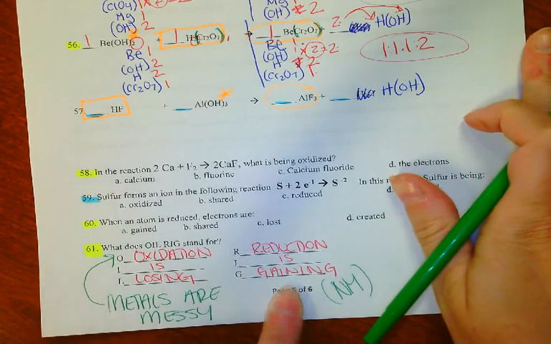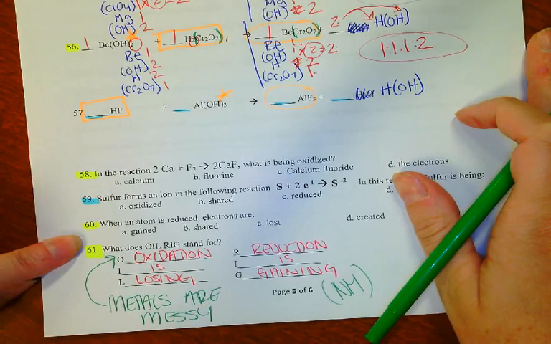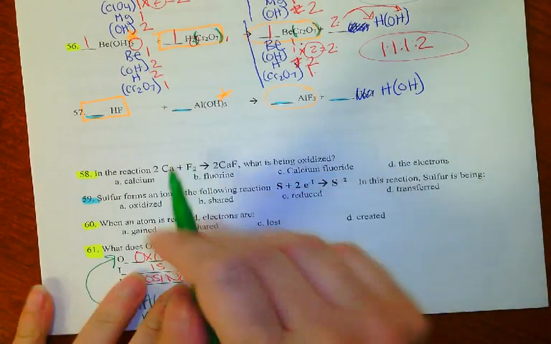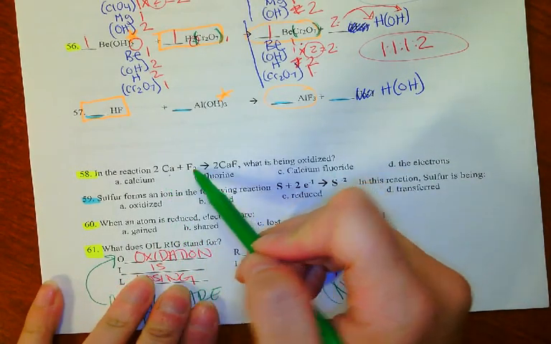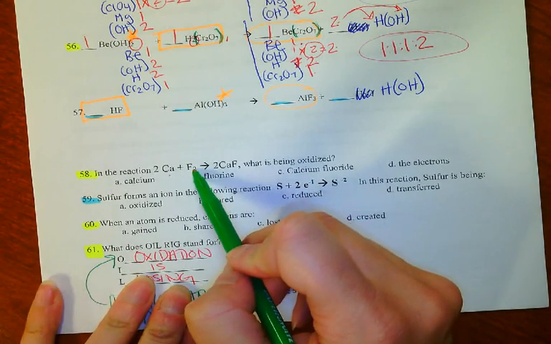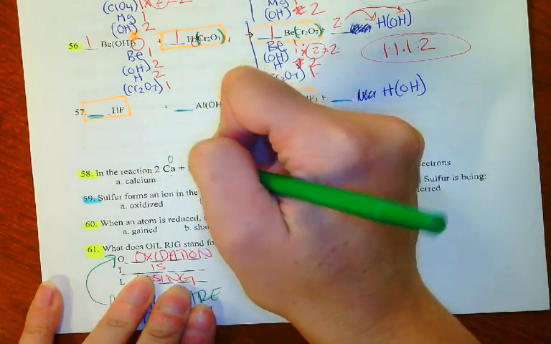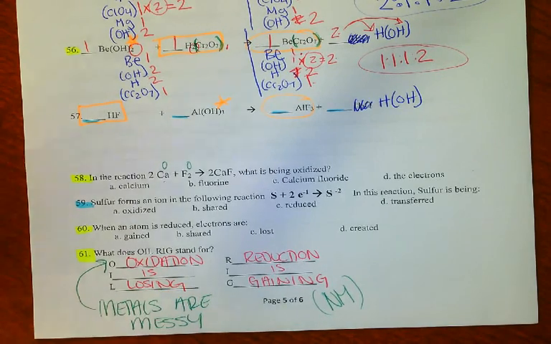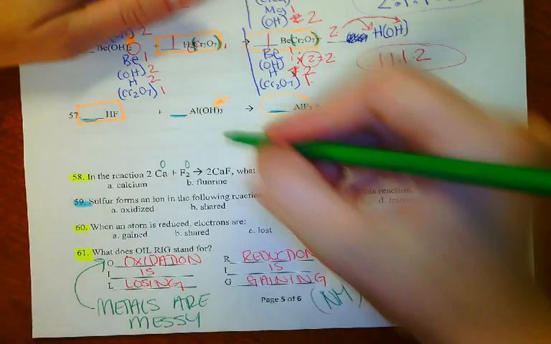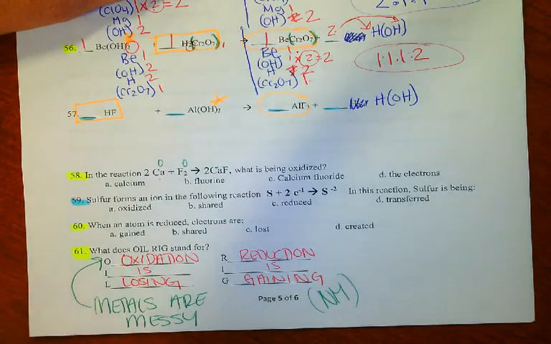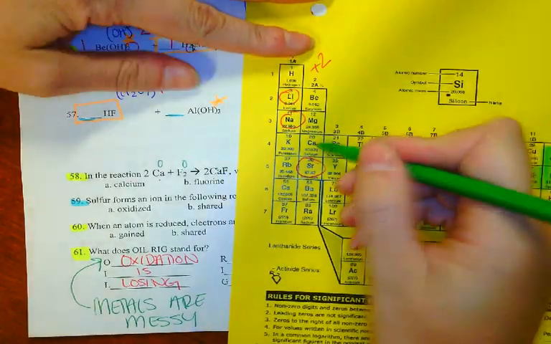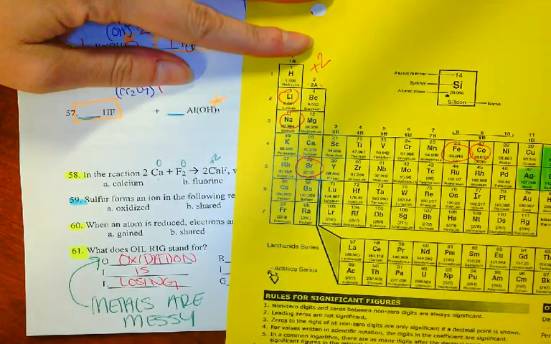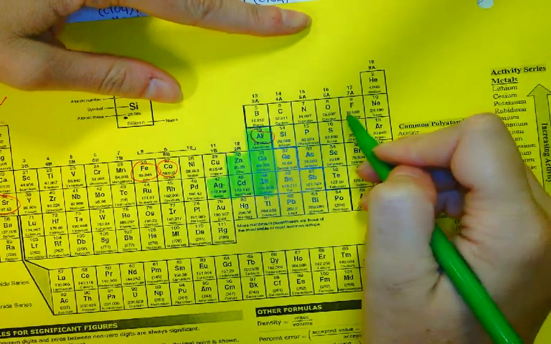So always when you have pure calcium and pure fluorine, so it's just one element by itself, they are neutral. They have no charge. And after they react, they transfer electrons. It's an ionic reaction. My messy metal calcium will lose electrons to make a +2 charge. Fluorine needs 1 more negative, so it will get 1 more negative.